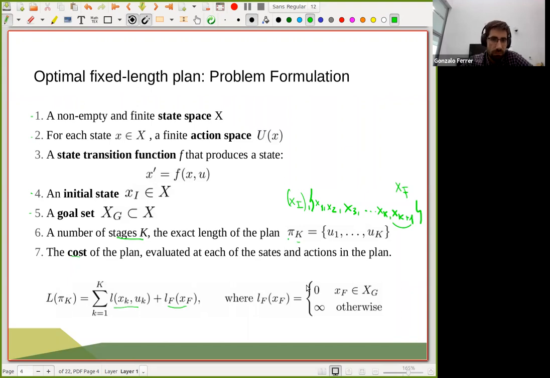This function is just an example, but basically we get a 0 value if we are in the set of goal states, and it's going to be infinite otherwise. That means that this plan has failed. We'll see later how this helps, but this is one extra requirement that we need. So these are all the elements that are now required to define optimal plans.